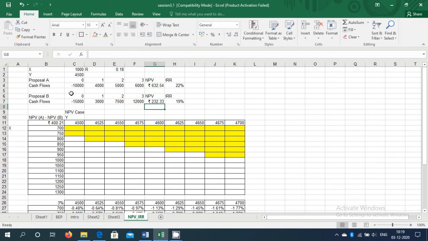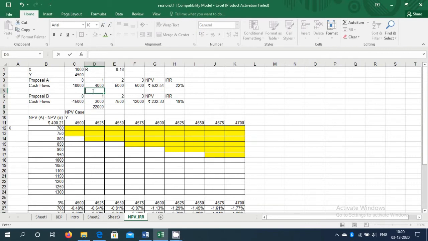If you see, initial investment is 10,000 and how much I am getting: 4,000 plus 5,000 plus 6,000, and that is 15,000. Over here I am getting 3,000 plus 7,500, that is 10,500, plus 12,000, that is 22,000.